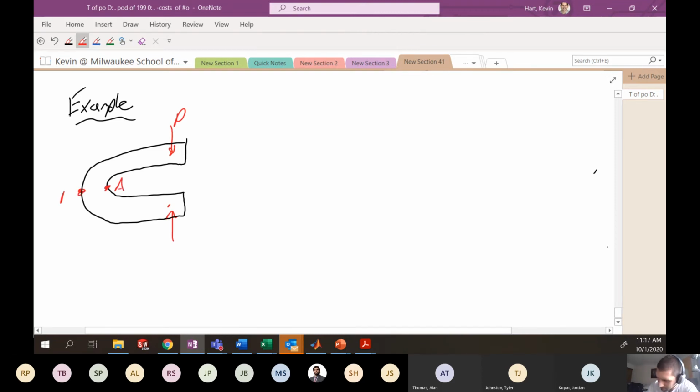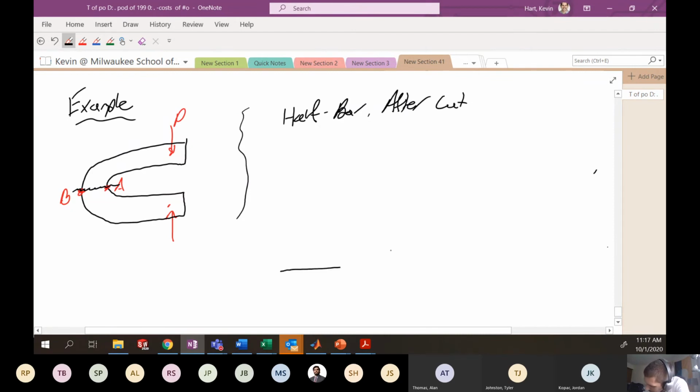Here's our point B. What we're going to do is slice through this at the location on the bar that contains points A and B, and relocate forces and moments there, just like we do for combined loading, and see what stresses arise. So let's draw a picture of the half bar after our cut. This is going to look something like this.